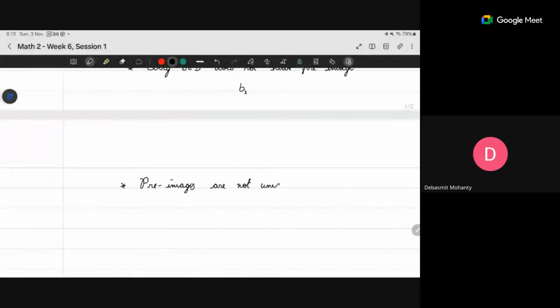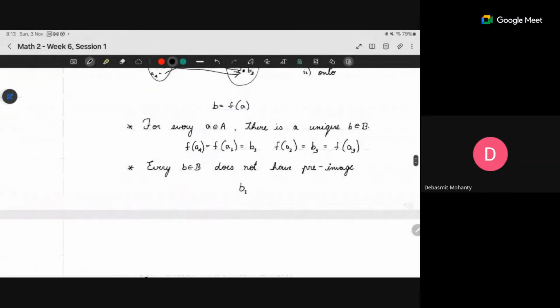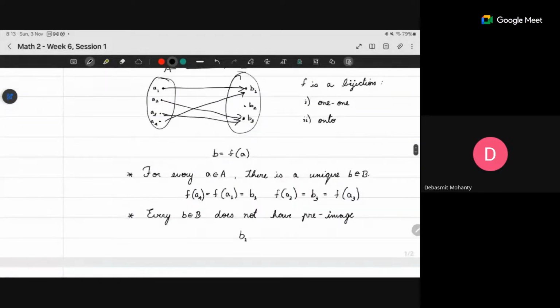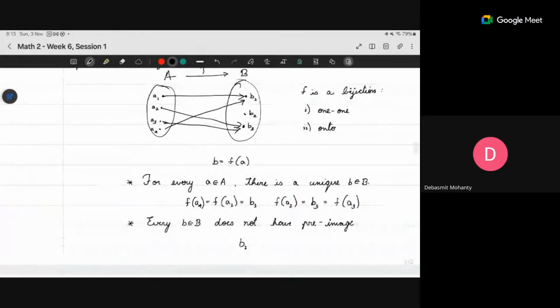Pre-images are not unique. Meaning, for example, B1 has two pre-images, A1 and A4. So this is not like a one-to-one correspondence. So one of the comments that was said earlier is there should be a way to go to one set and come back, right? So if I go from A1 to B1, I can come back to A in two ways because B1 has two pre-images. So that is one obstruction.